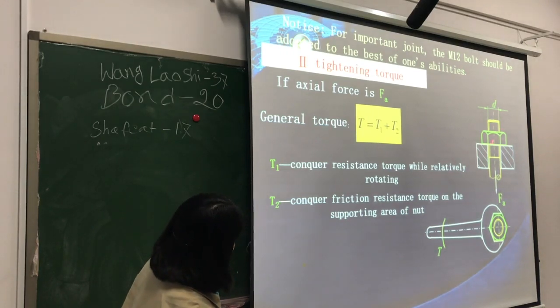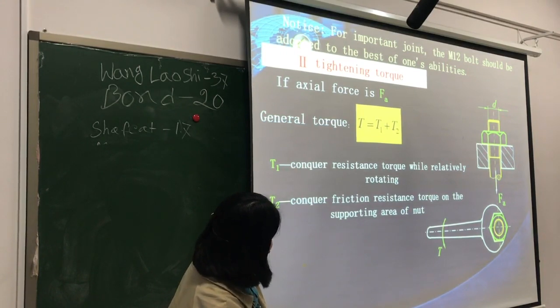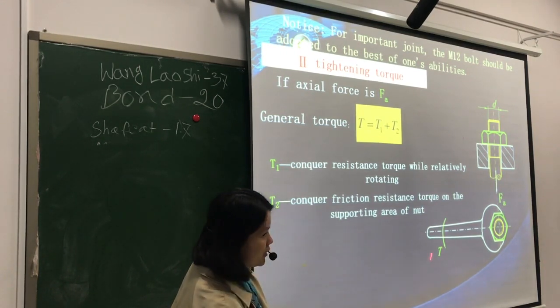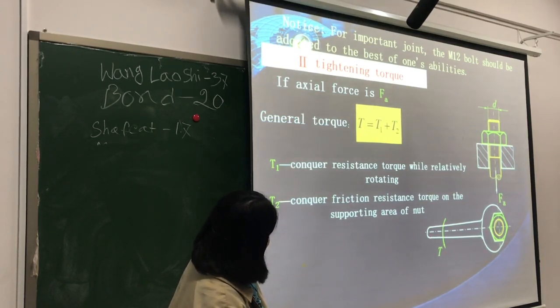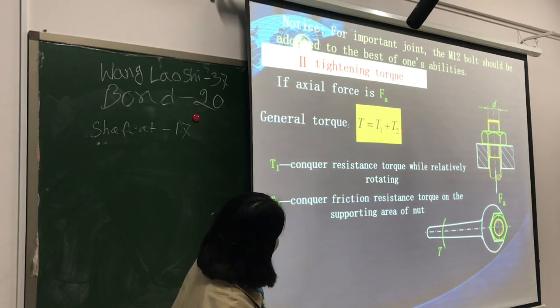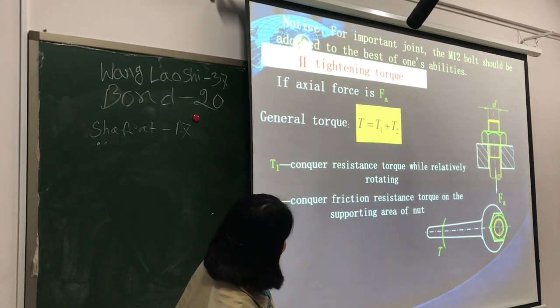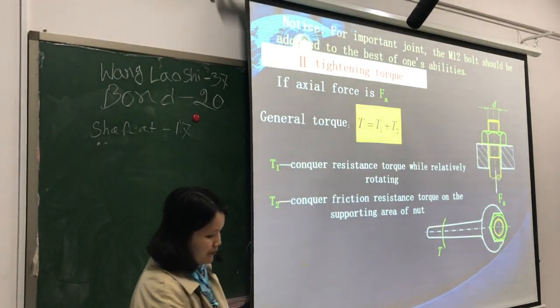When the bolt is subject to a torque T, T equals T1 plus T2, where T1 and T2 are the friction torques of the bolt thread and the members respectively.